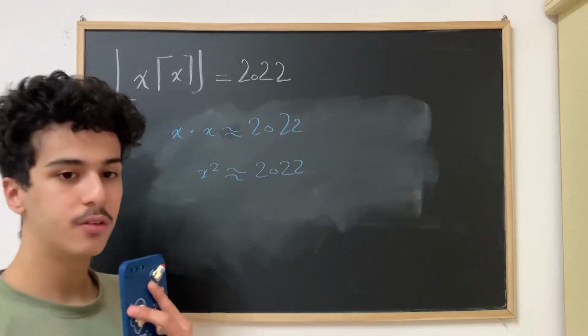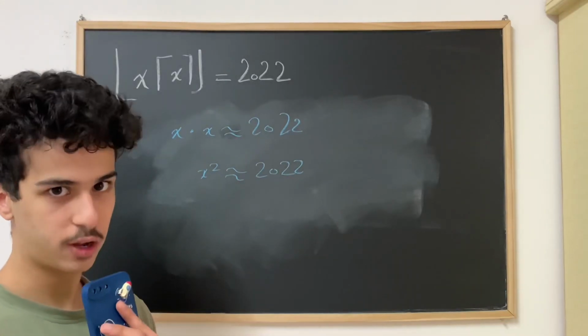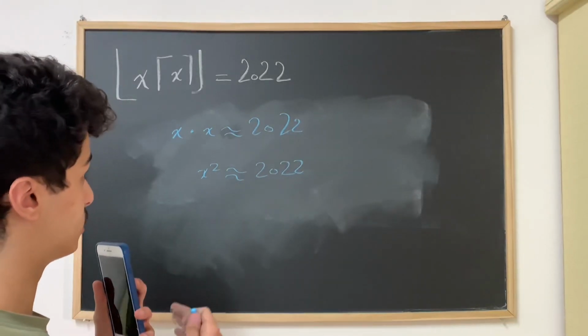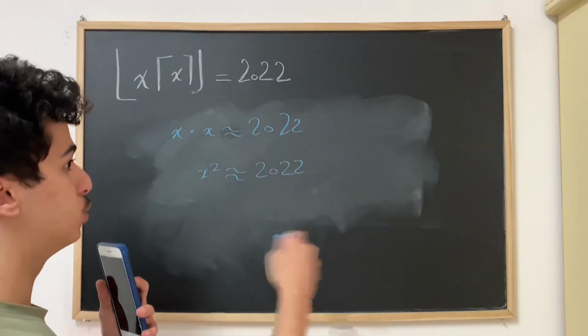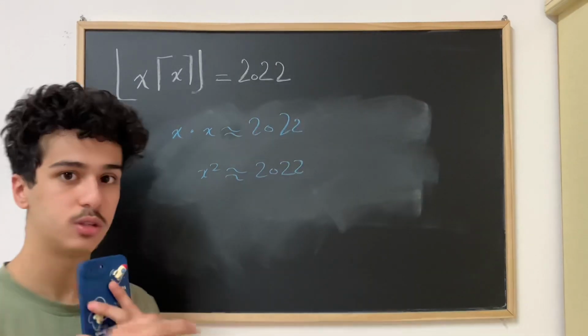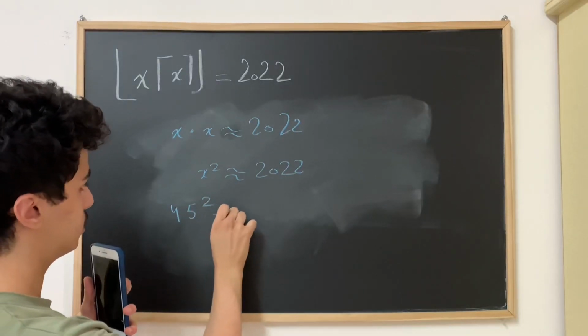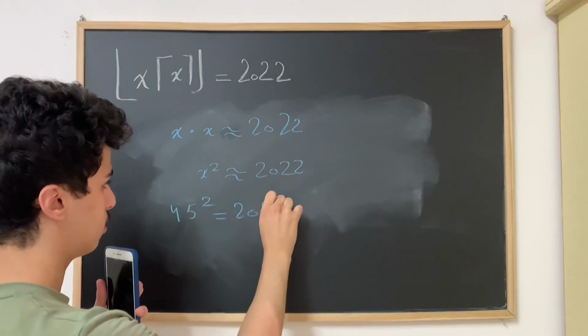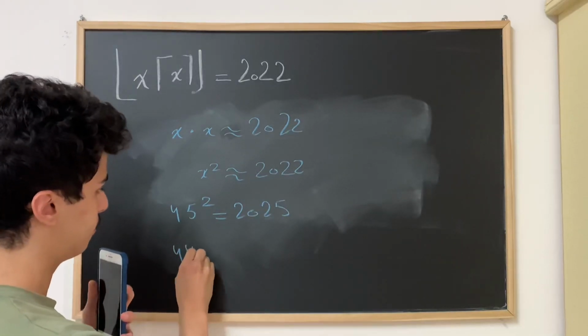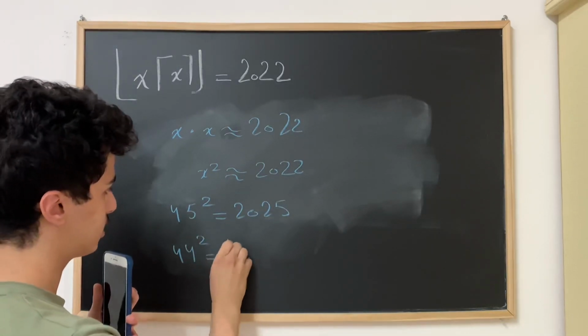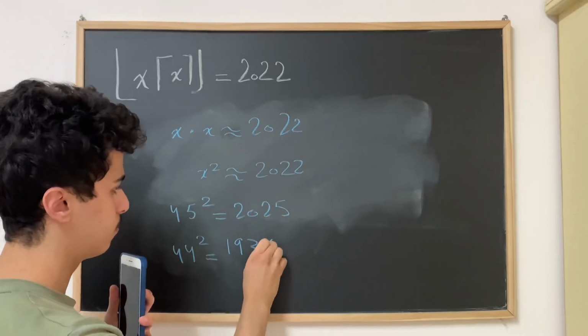Now, 50 squared is 2,500 and 40 squared is 1,600, meaning it will be between that. And if you try out a couple of values, you'll find that 45 squared is 2025 and 44 squared is 1936.